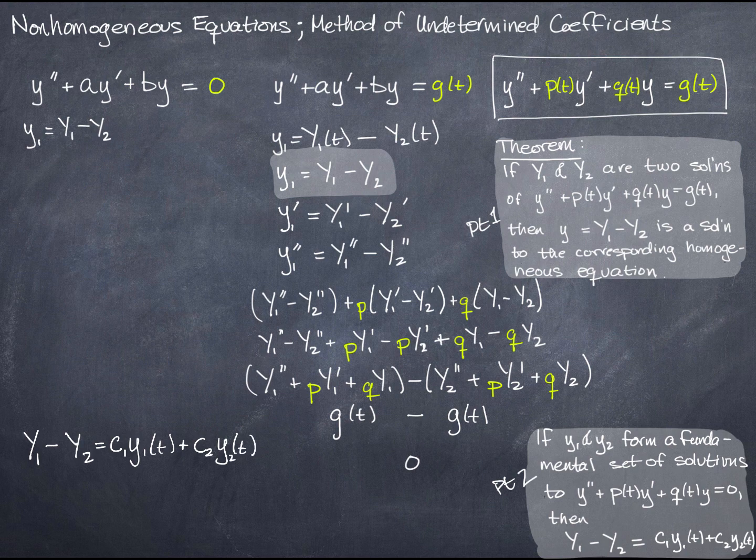And I'm going to say, let's assume that Y2 is a particular solution, right? It's a very specific, known, exact, particular solution. So that means we're going to call it Y, just Y, because it's a known entity. That means I can replace Y2 with just Y in here.